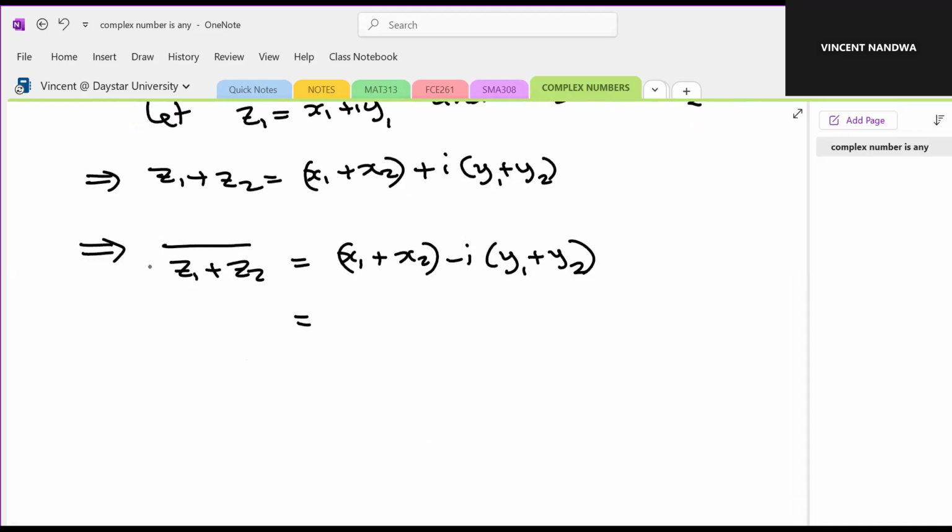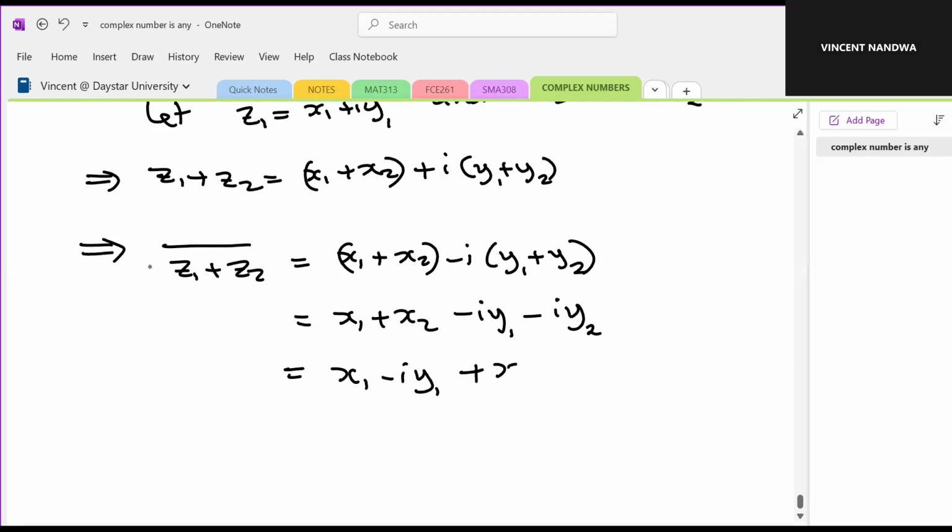Which will be, when I open the brackets, x1 plus x2 minus i times y1, which is minus iy1, minus i times y2, which is minus iy2. Then I put x1 together with minus iy1, and plus x2 together with minus iy2.